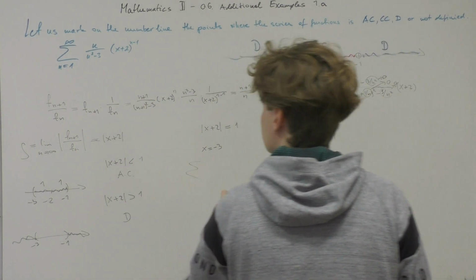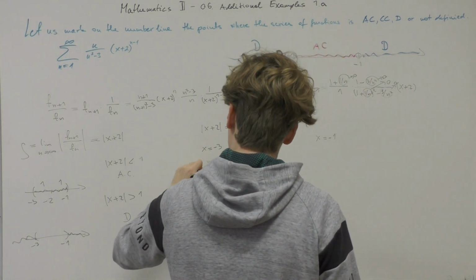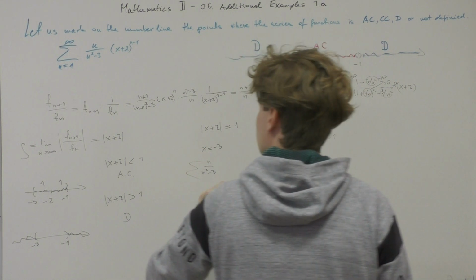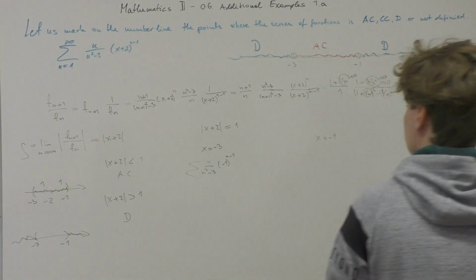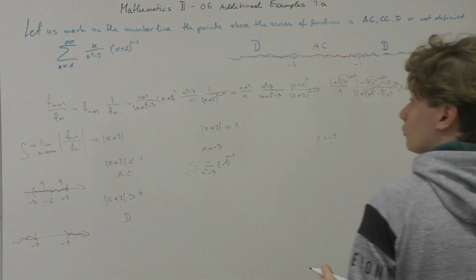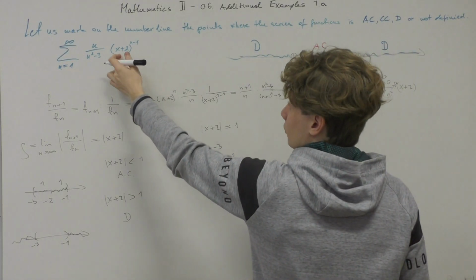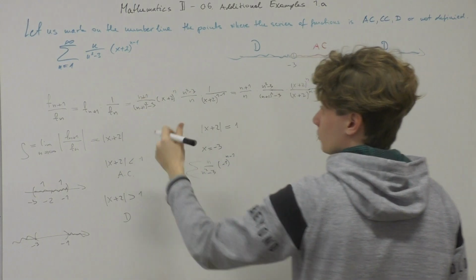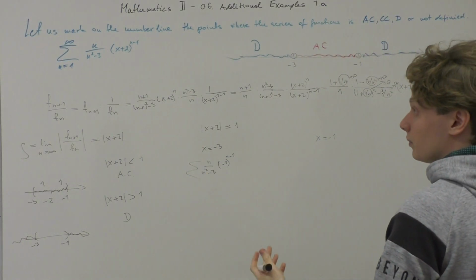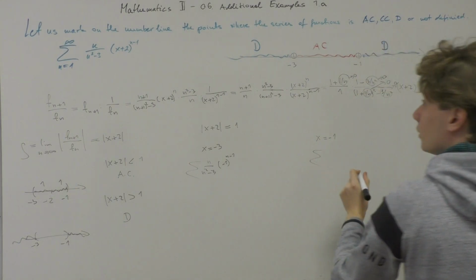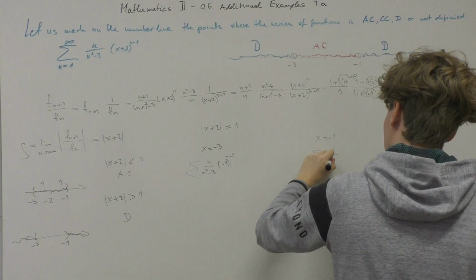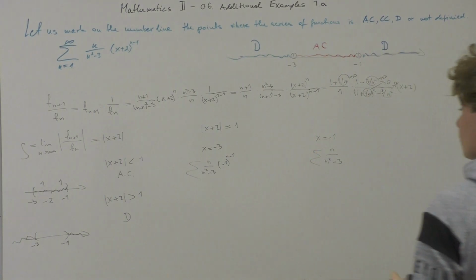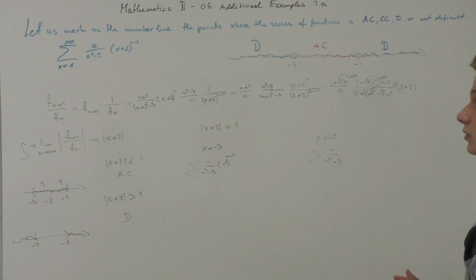So we have this series, we have n over n squared minus 3 times (-1)^n. And if x is minus 1, we have to write minus 1 here instead of x. And minus 1 plus 2 is 1, and 1 to any power is also 1. So we just have to write down that we have a series n over n squared minus 3. And here these are number series, we are no longer talking about function series.